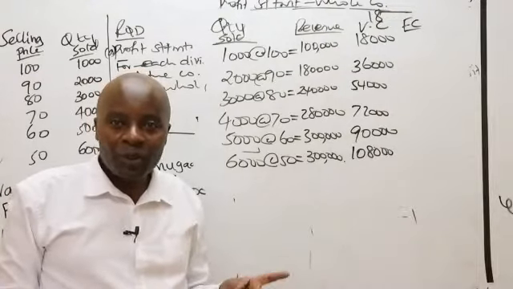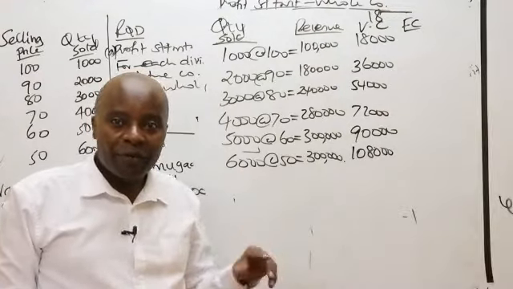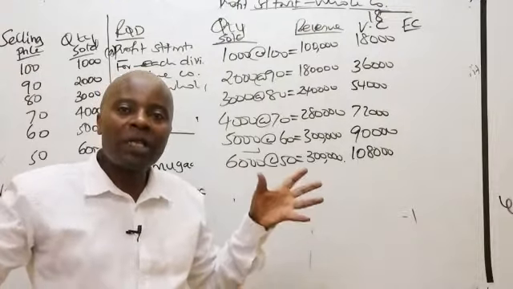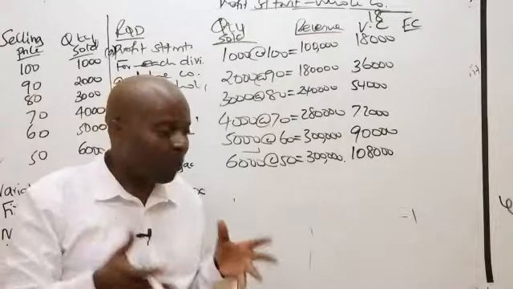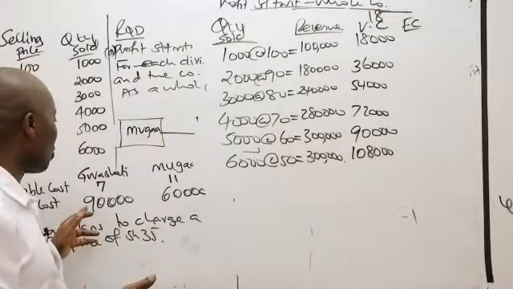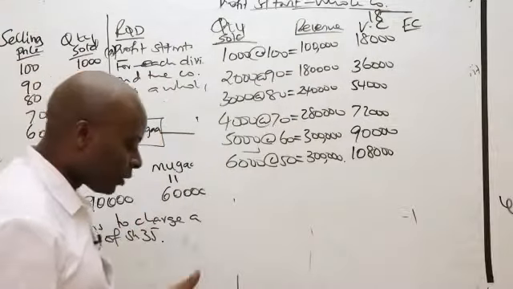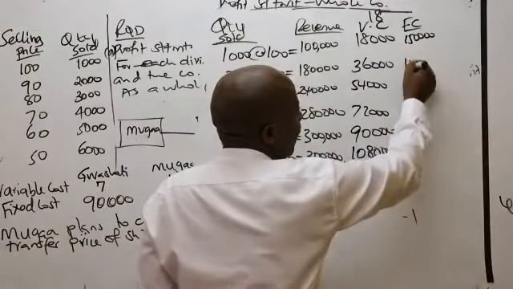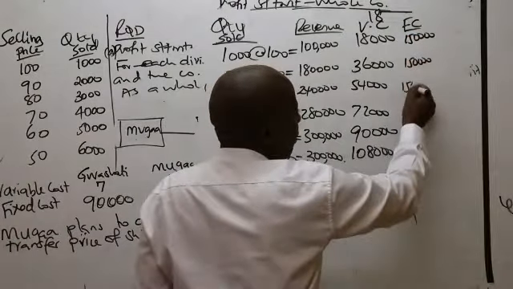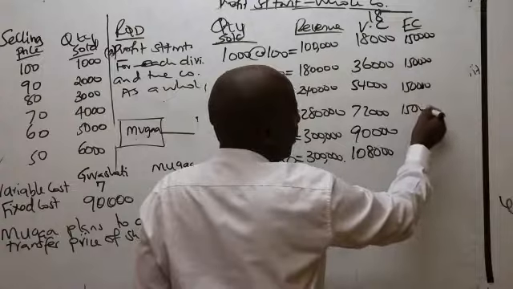The transfer price will only appear in revenue, and for fixed cost you simply lump together the fixed cost of the individual components. We have 90 and 60, which gives me 150,000. I'm consolidating fixed cost directly, and 150,000 will be applicable throughout.